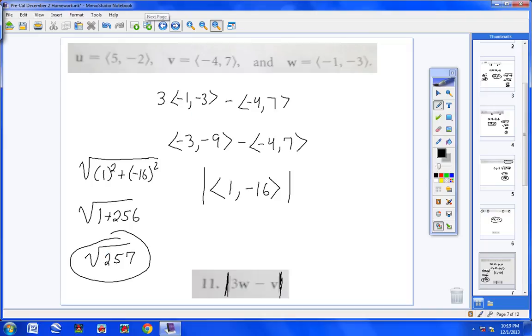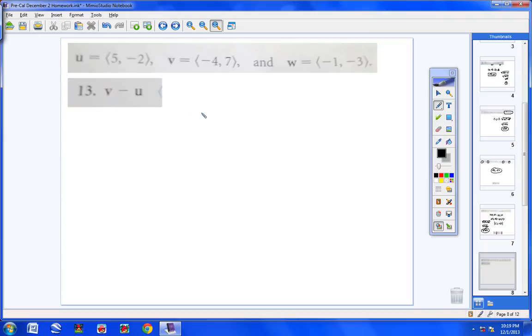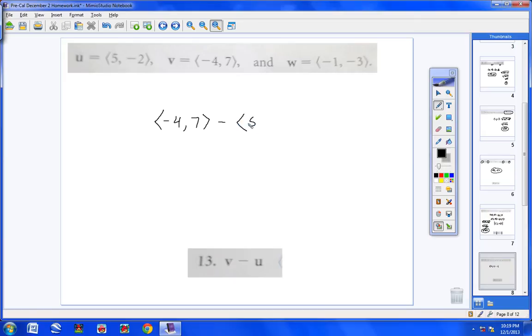Let's take a look at number 13. V minus u. Well, guys, that's not too hard. I mean, we have vector v right here. It's negative 4, 7, and then minus u, which is 5, negative 2. So here we go.